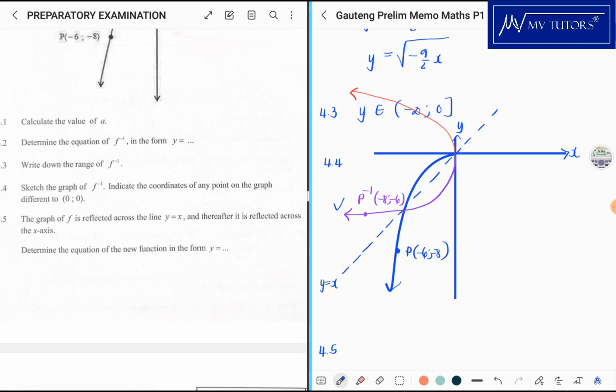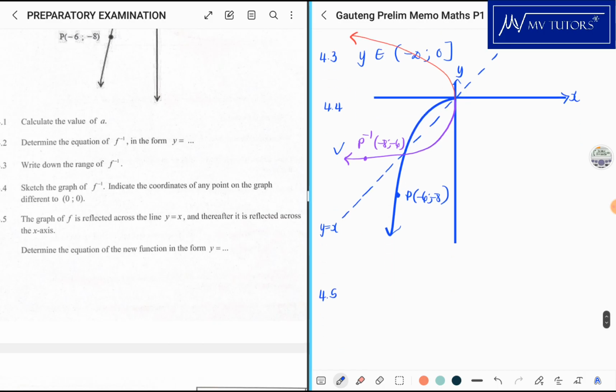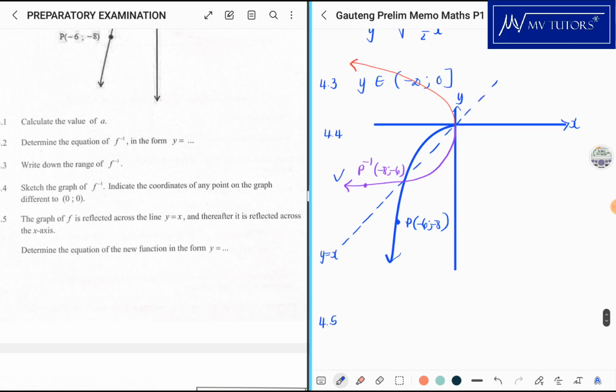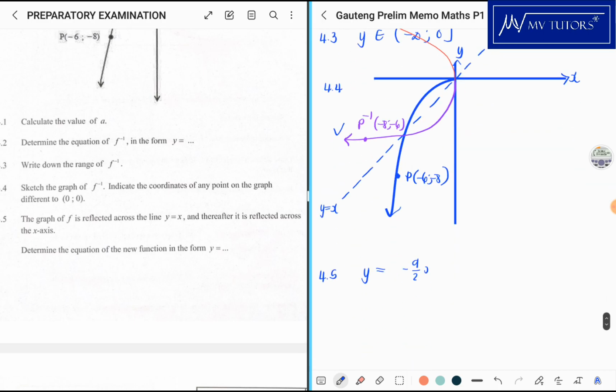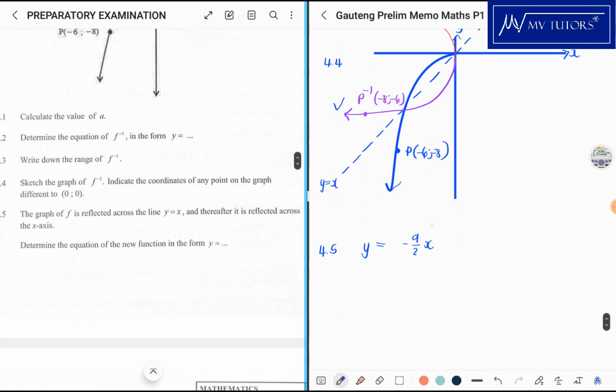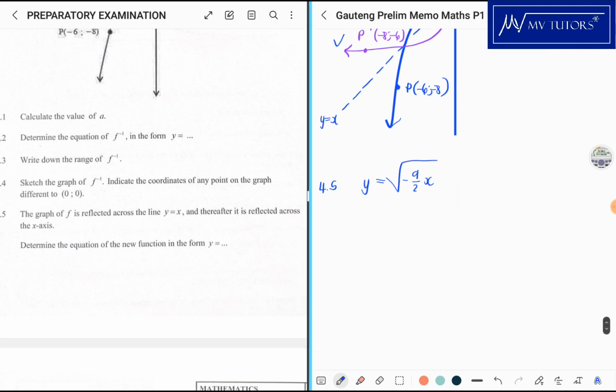Now determine the equation of the new function. Remember, we go from this, the square root of negative 9 over 2 x. Now the new equation will be y. Let me write that so that we're not confused.